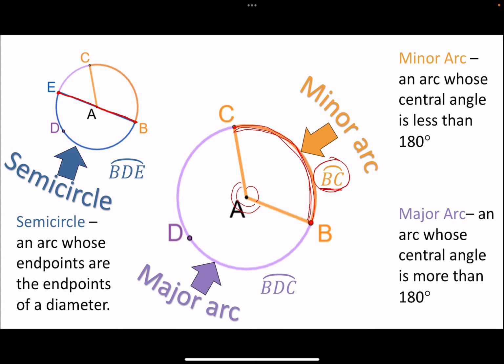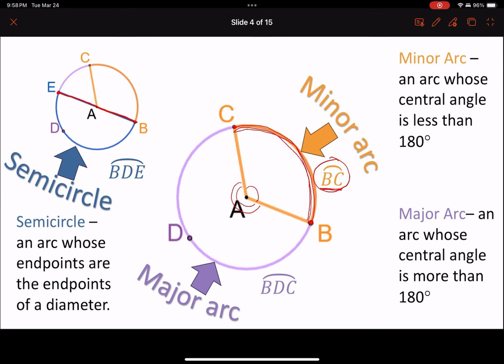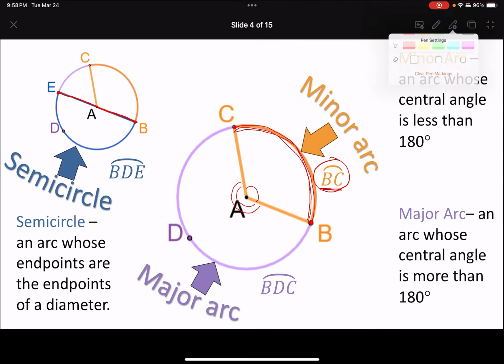But BDC is a major arc because that major arc covers from B through D all the way around to C. That was more than 180 degrees for its central angle, so we name it with 3 letters, major arc BDC.